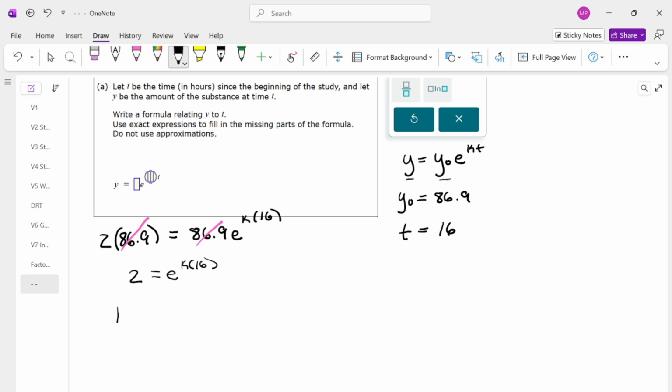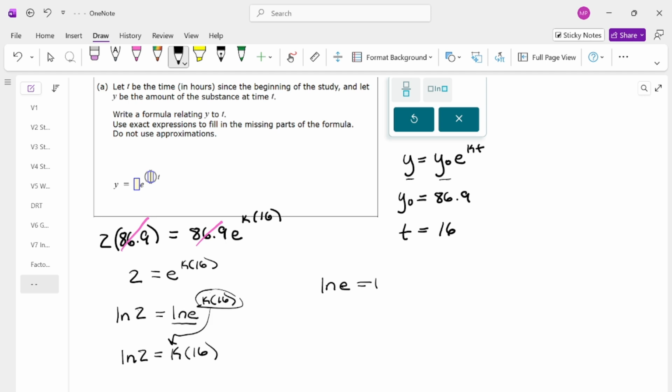Now we're going to take the natural log on both sides. So we have the natural log of 2 equals the natural log of e raised to the power of k times 16. Because ln e is equal to 1, we can rewrite this expression as ln 2 equals, and just bring down this k times 16.